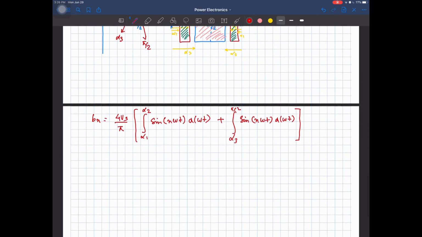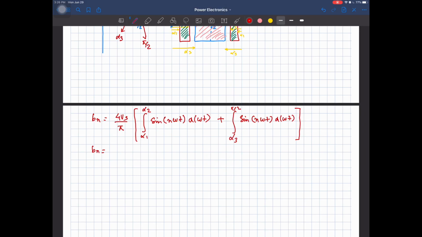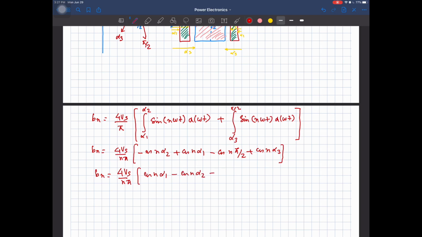Simplifying, Bn will be equal to 4Vs by n pi times minus cos of n alpha 2 plus cos n alpha 1 minus cos n pi by 2 plus cos n alpha 3. By further arranging these terms, I can write it as 4Vs by n pi times cos of n alpha 1 minus cos of n alpha 2 plus cos of n alpha 3.